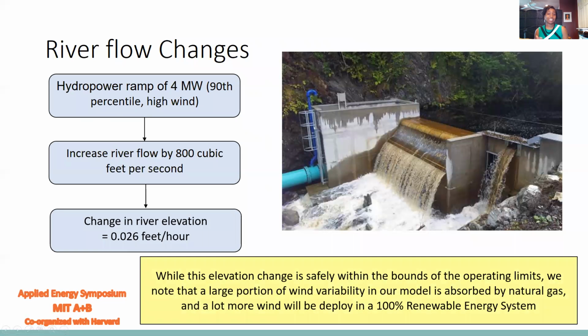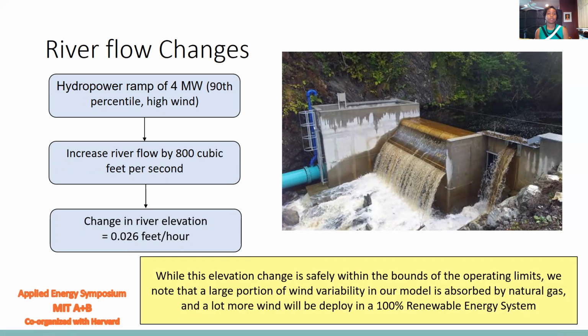Now, this elevation is safely within the bounds of the operating limits, but we note that a large portion of wind variability in our model is absorbed by natural gas. So all of that wind power availability was not absorbed by hydro; only the natural gas would accommodate the majority of the variability absorption in our New England region.